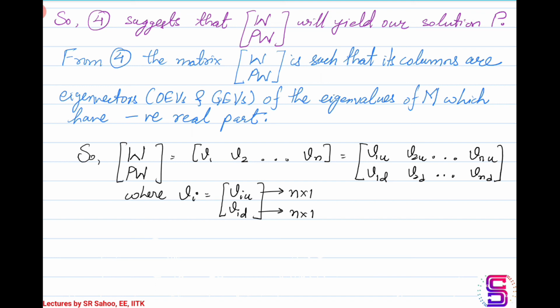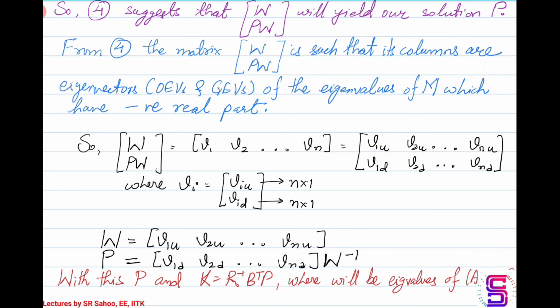Because W is an n cross n matrix and PW is also an n cross n matrix. If I take the upper half of the matrix, formed by v1u, v2u till vnu, that forms W, and the lower part forms PW. Once I have W, what is P? P is the lower part post multiplied by W inverse. This gives me P, which is the solution of the algebraic Riccati equation.